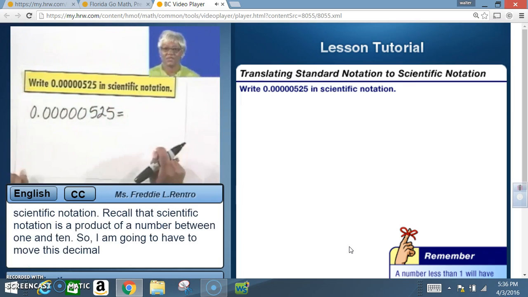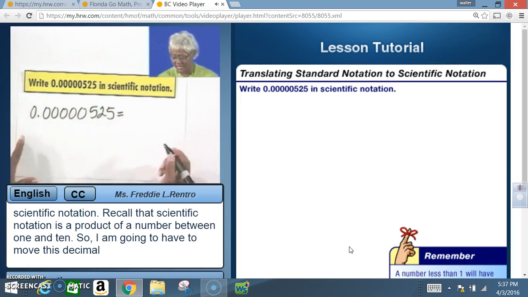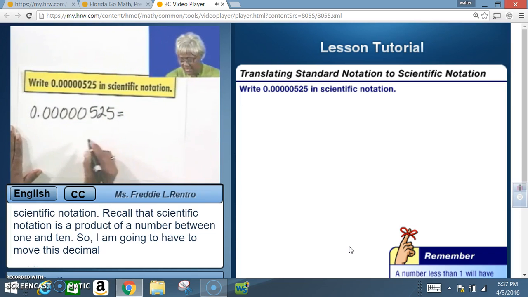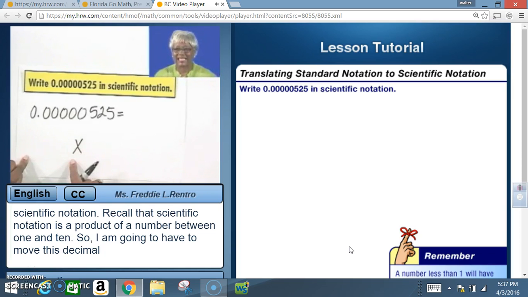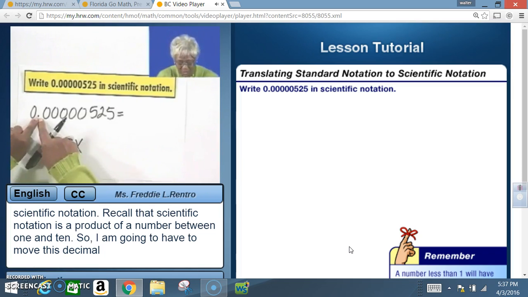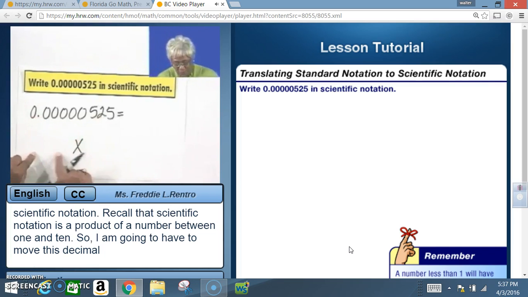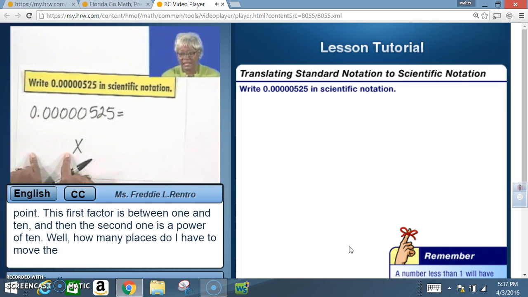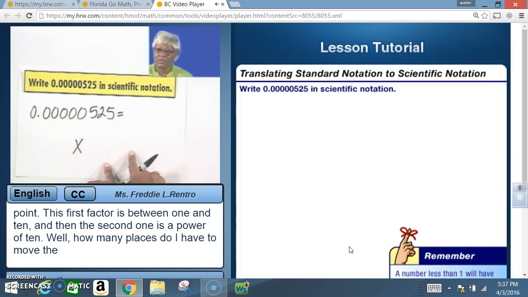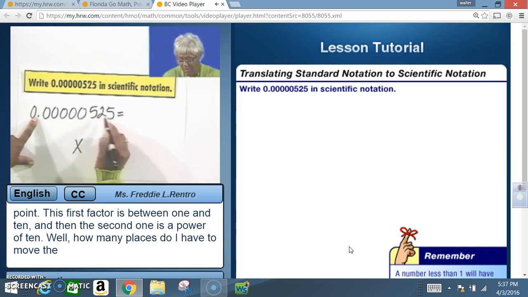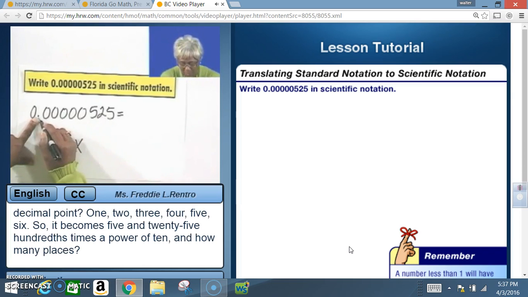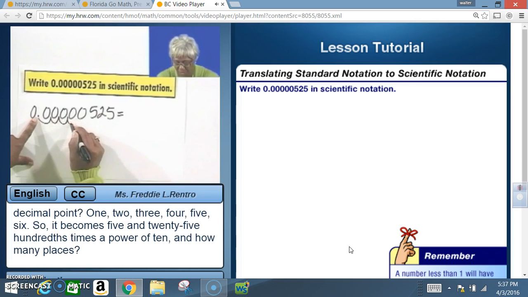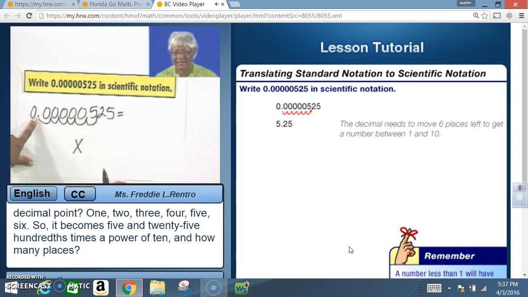Recall that in scientific notation, it's the product of a number between 1 and 10. So I'm going to have to move this decimal point such that this first factor is between 1 and 10, and then the second one is a power of 10. Well, how many places do I have to move the decimal point? 1, 2, 3, 4, 5, 6.